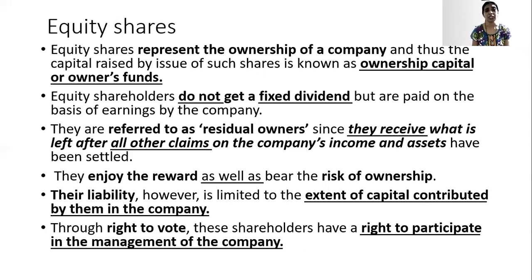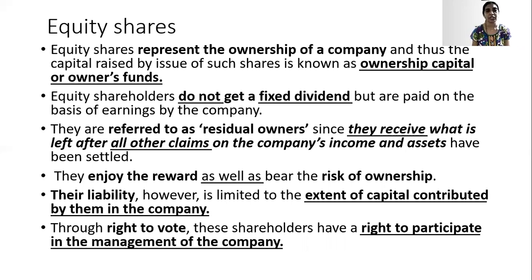Then there is the liability. What is the liability of an equity shareholder? Their liability is limited to the extent of the capital contribution made by them in a company. If an equity shareholder has given 10,000 rupees for equity shares, up to that 10,000 only he has liability towards the company.